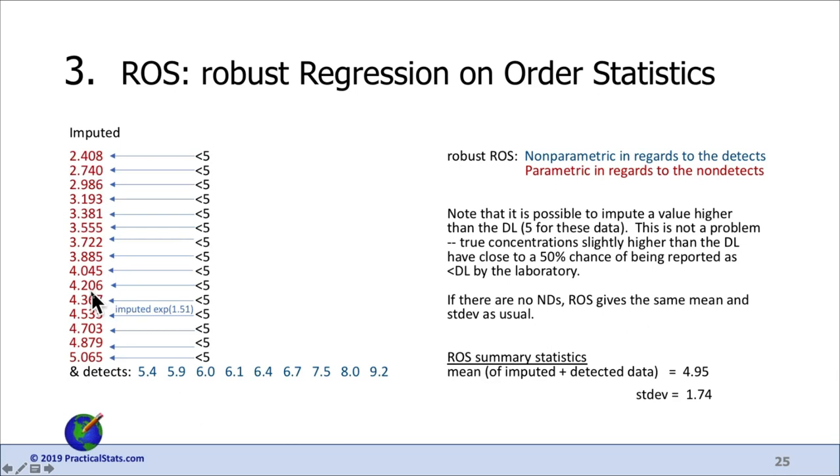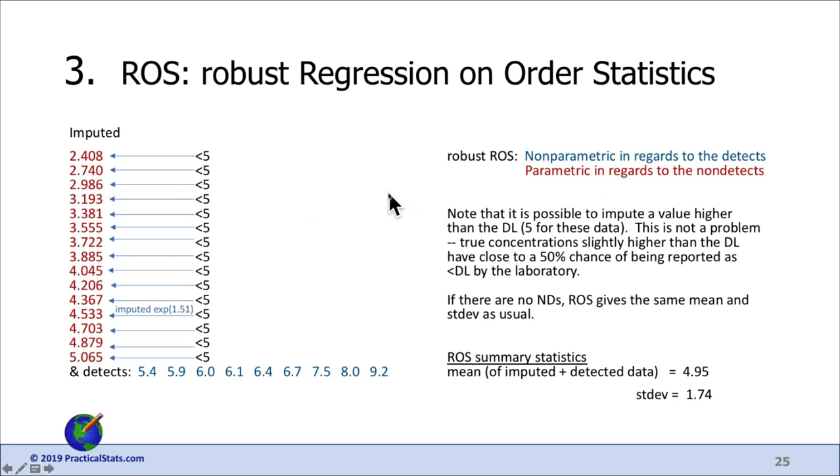These are imputed numbers. The result is a non-parametric method in regard to the detects, the values that we know, and a parametric method, assuming a distribution, in regards to the non-detects. That makes it less sensitive to an assumption of a distribution like the log normal than is MLE. That makes it easier to use with smaller data sets.